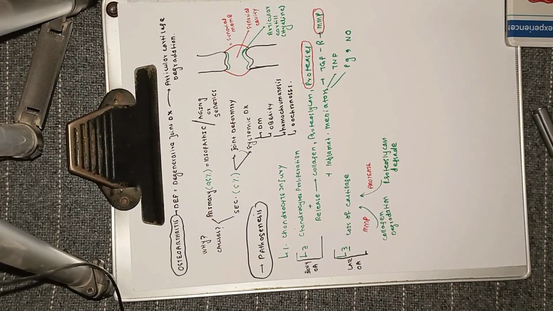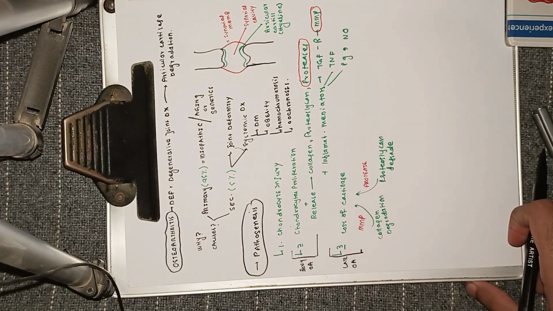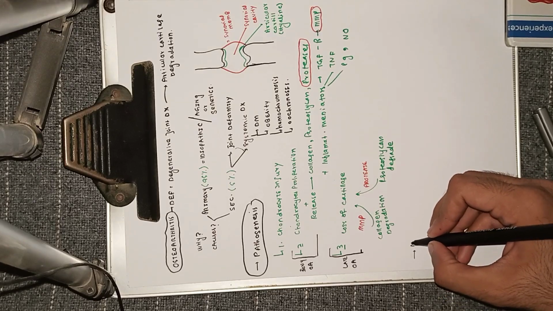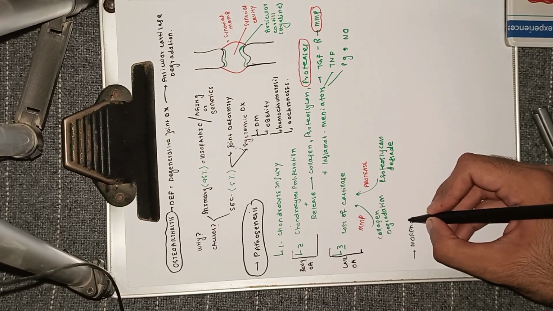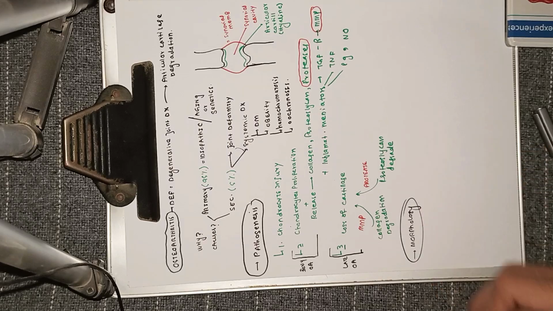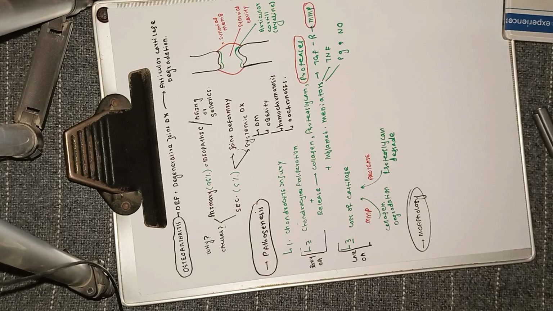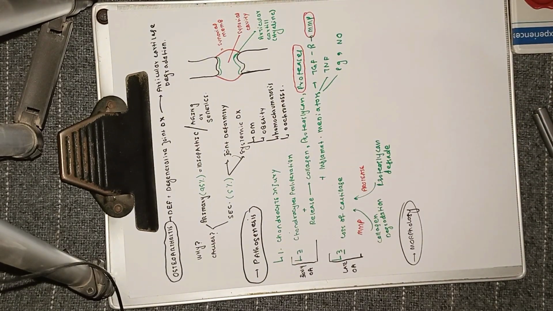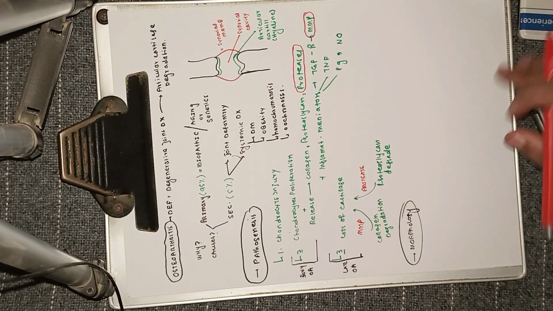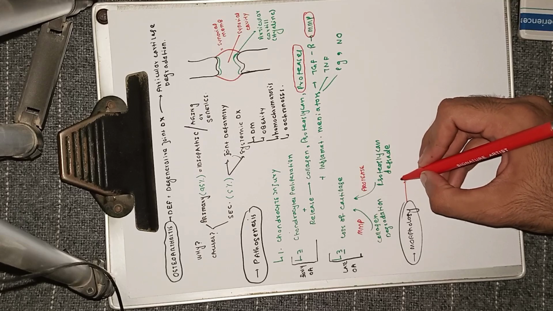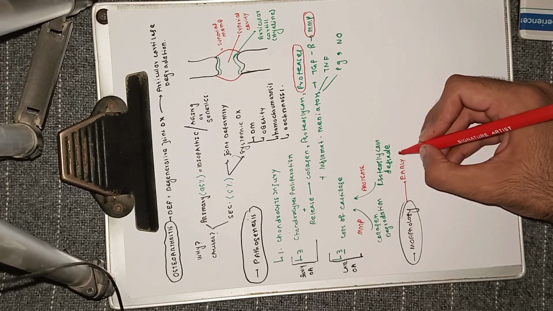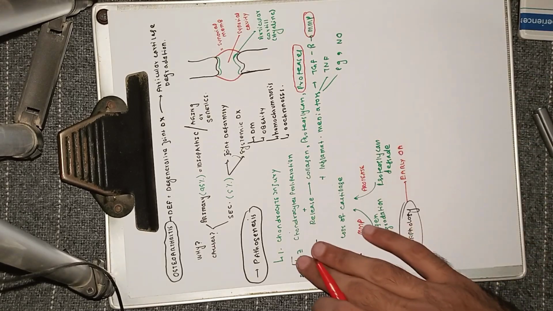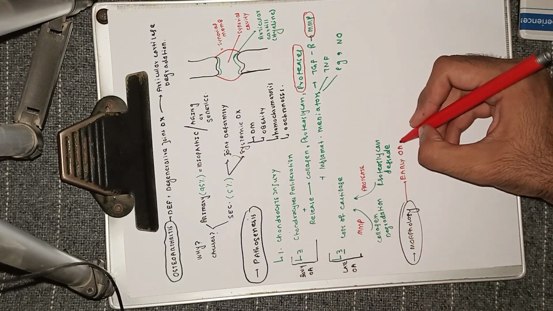Okay, now let's see the morphology of osteoarthritis. So beta, in morphology you will see what is actually happening in early osteoarthritis and late osteoarthritis. As I mentioned, I will follow the same things. What was happening in early osteoarthritis?